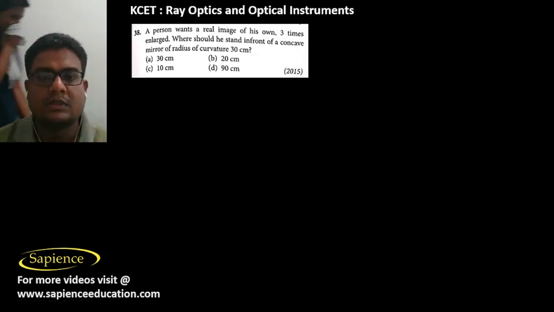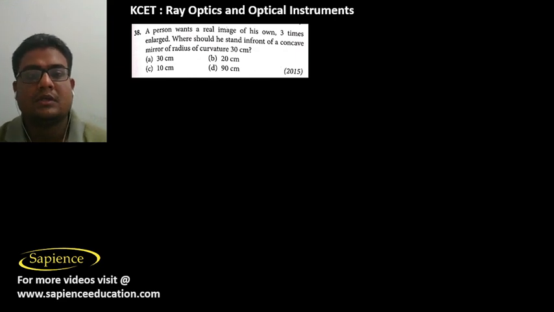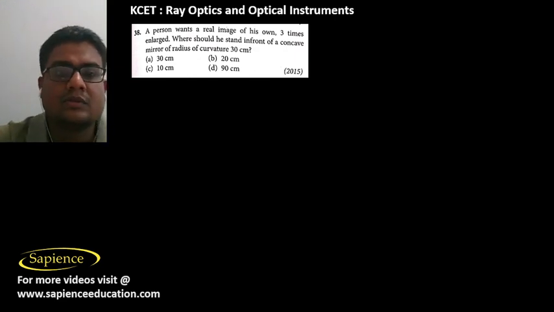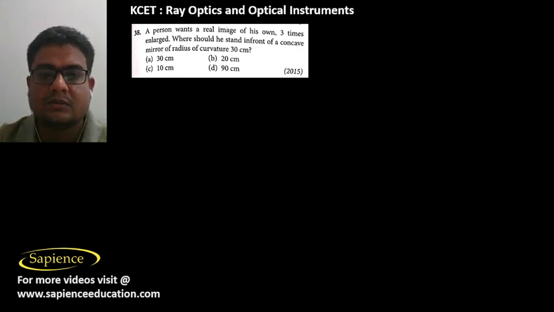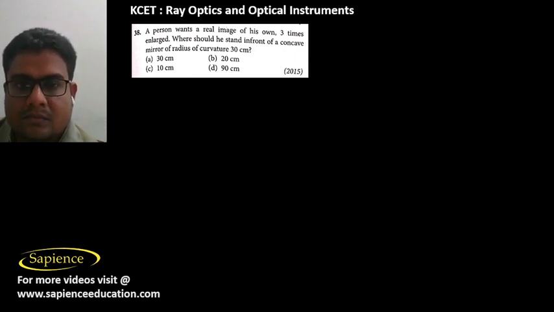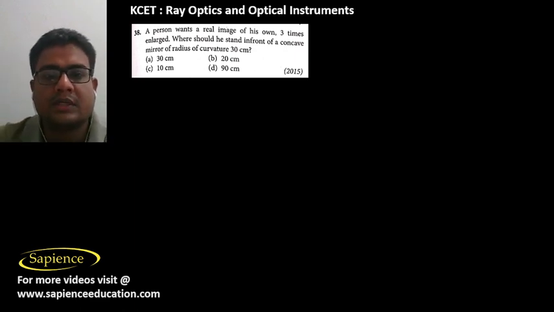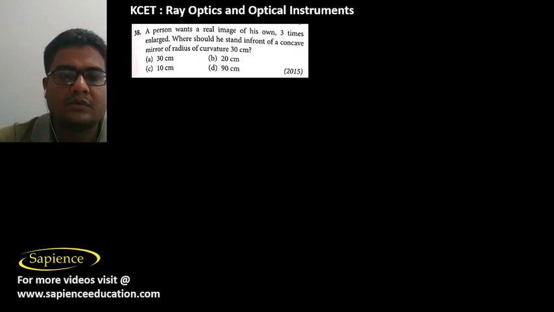Then in question number 38, it is told a person wants a real image of his star 3 times enlarged. Where should he stand in front of a concave mirror of radius of curvature 30 centimeter?